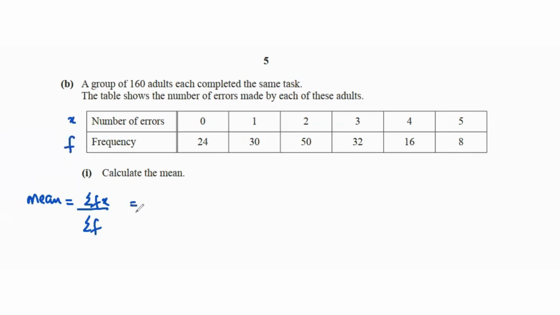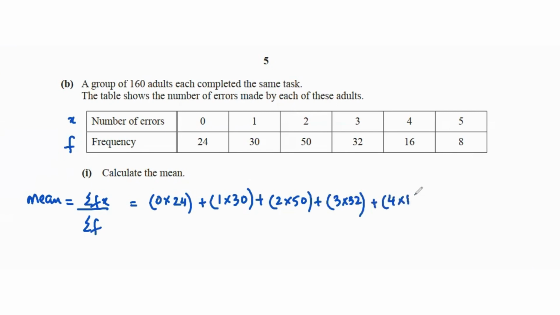So in the numerator, we're going to find the sum of the product of frequency and number of errors, which means I'm going to do 0 times 24 plus 1 times 30 plus 2 times 50 plus 3 times 32 plus 4 times 16 and lastly 5 times 8.